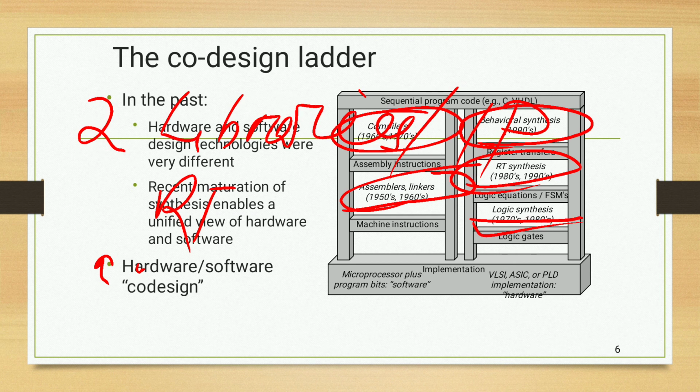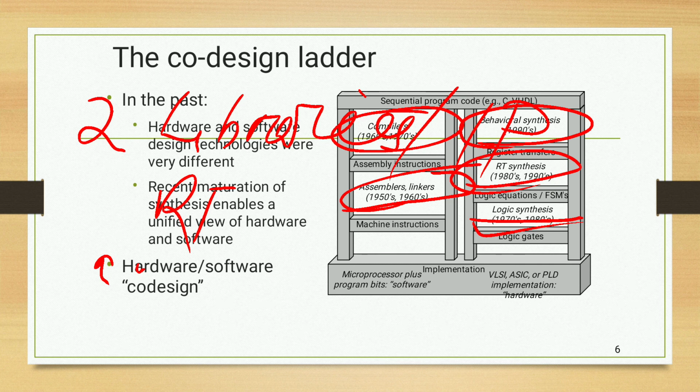Now, components are no longer just ICs but are available in a form labeled as cores that can be implemented on just one part of an IC.